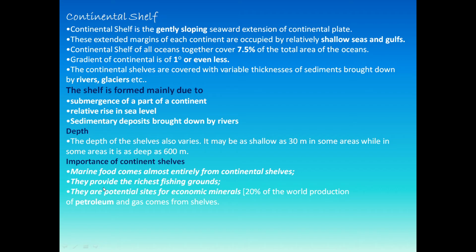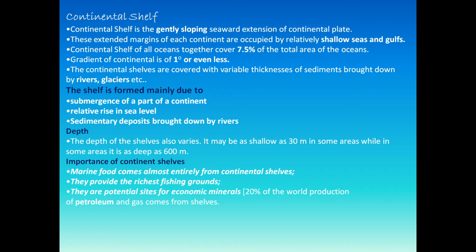Why is continental shelf so important to us? Most of our marine food like fish catch comes from continental shelf. All fishermen go to the continental shelf area and collect fish from there. So continental shelves are an important source of marine food. Crabs and lobsters and all types of fish catch is done in this area.